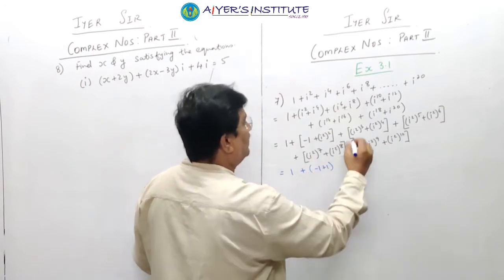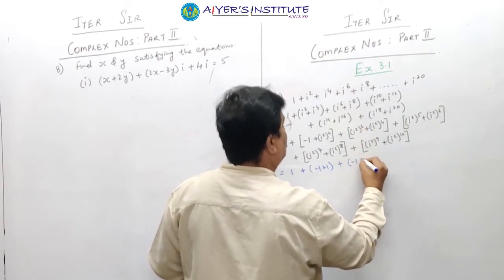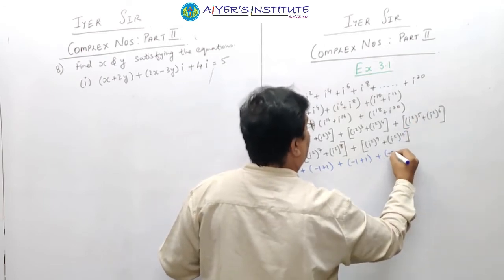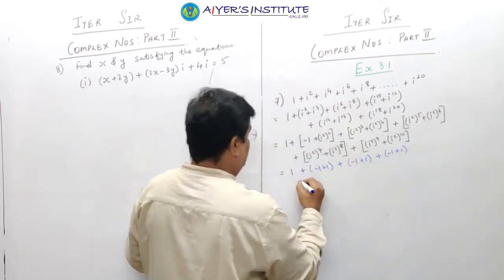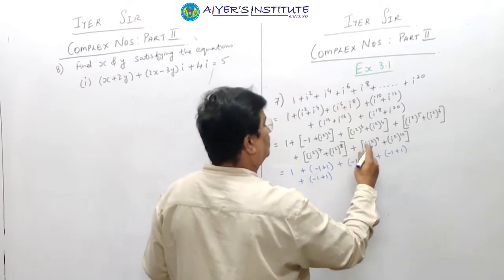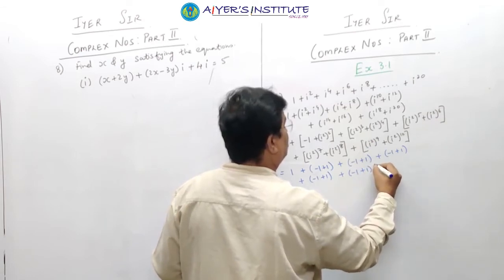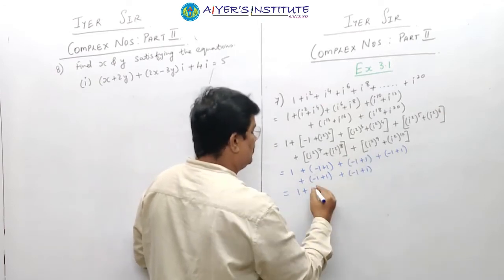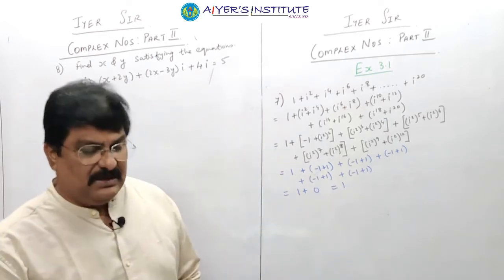Similarly it will come everywhere. -1 raised to 3, -1 plus 1, -1 raised to 5, -1 plus 1, -1 raised to 7, -1 plus 1, -1 plus 1. So this all will be 0. So you get 1 plus zeros, and the final answer will be 1.